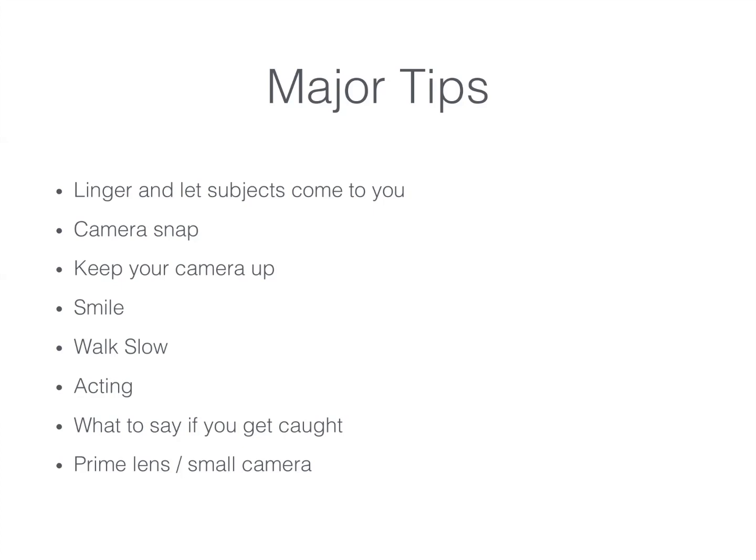Now, smiling is incredibly important. I mean, trying to look and be as comfortable as possible, because it's really interesting. If you just act and seem like you belong there and know what you're doing, people will notice you, but they'll just let you be and assume that you're there for a reason. If you look at some of the great street photographers, like some of the New York ones, like Garry Winogrand, they really got in the middle and just shot and shot.